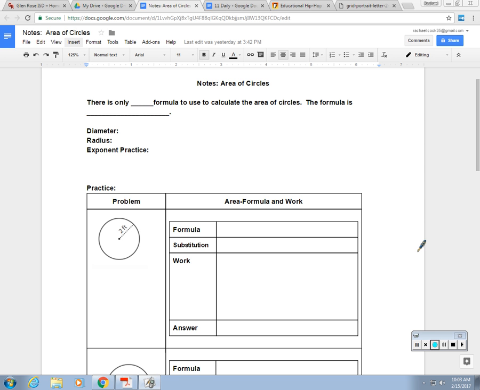The P stands for parentheses. E stands for exponent. This thing right here is an exponent. There's no parentheses in our formula, but there is an exponent. So the first thing we have to do is our exponent. Then M is multiply, and then divide, and then add, and then subtract.